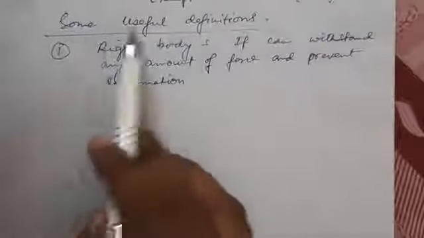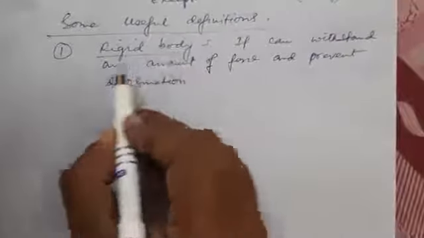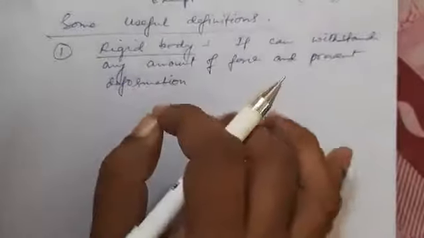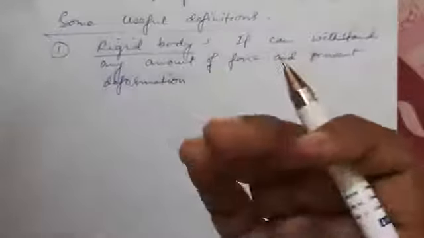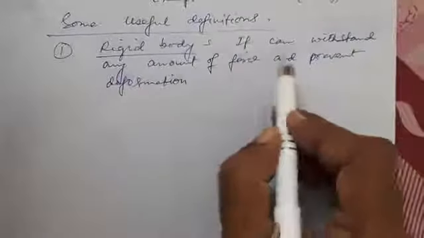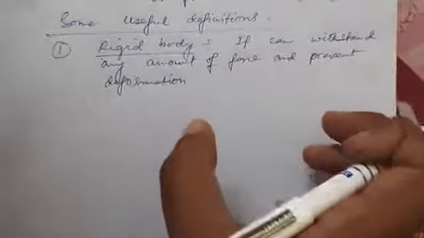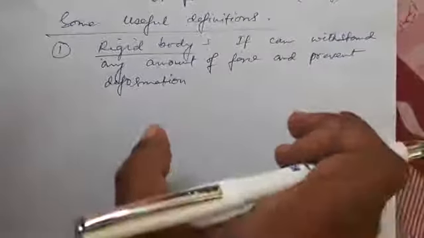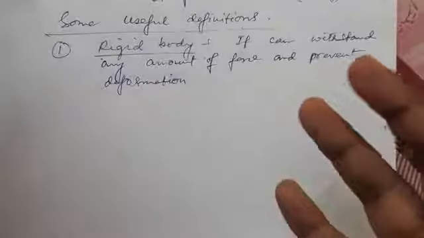Now, some useful definitions. The first one is rigid body. A rigid body is an ideal case, absolutely ideal, that is not found in nature. It can withstand any amount of force, that means deforming force, the external force applied to a body to change its shape and size, either decrease it or increase it.